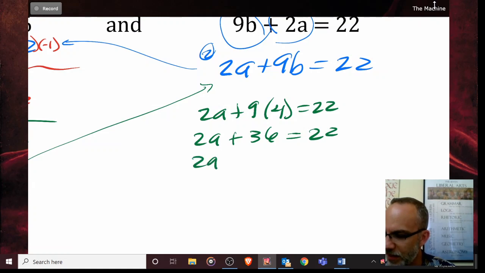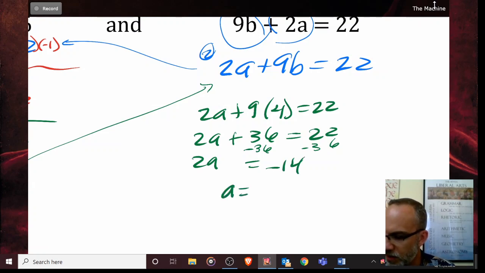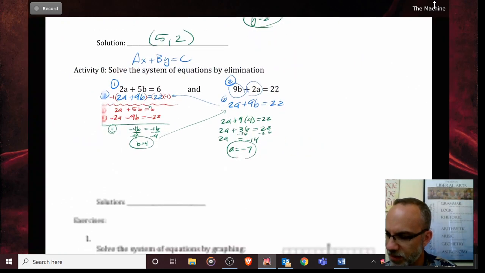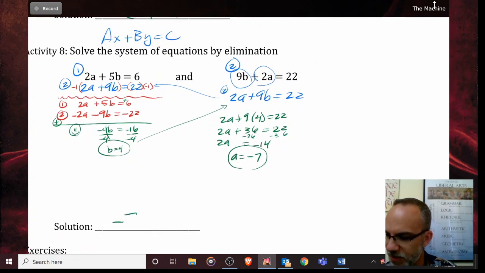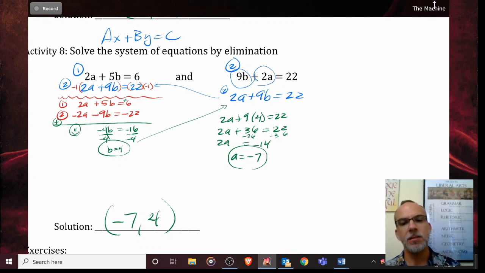So 2a, and if I then subtract 36, 2a is equal to, oh, what's 22 minus 36? I don't have that readily handled. Minus 36. I'm getting negative 14. And then a is equal to negative 7. So putting them together, negative 7 and then 4, because it's a first and then b. I think that works.